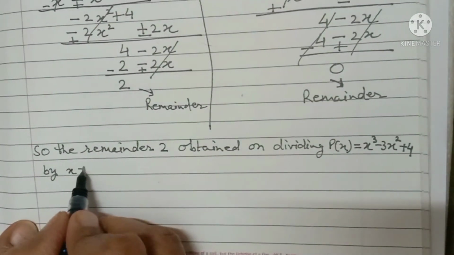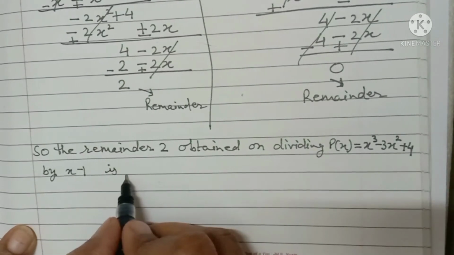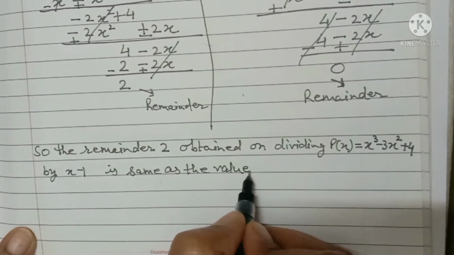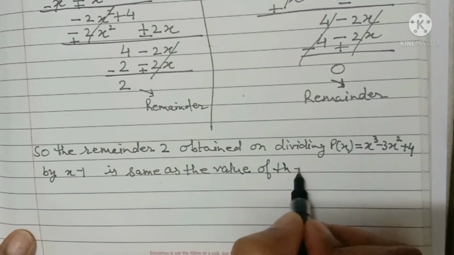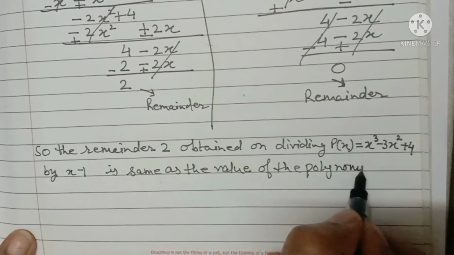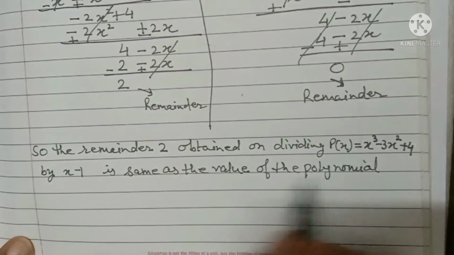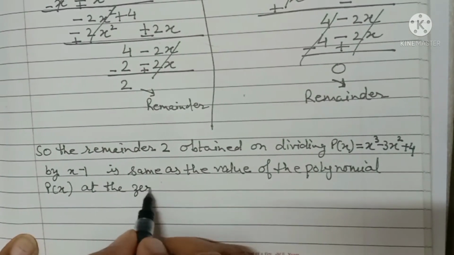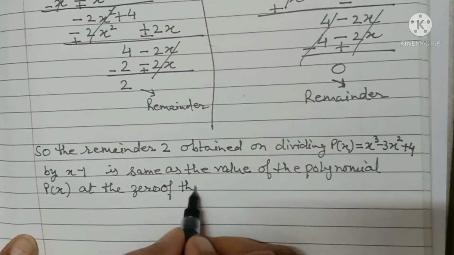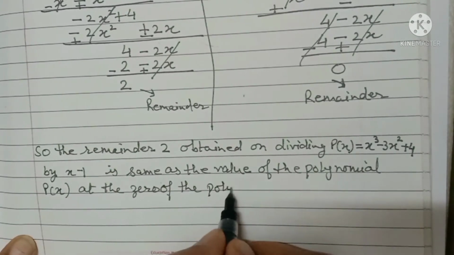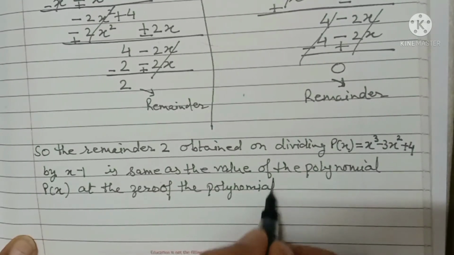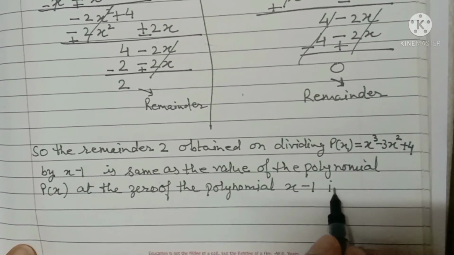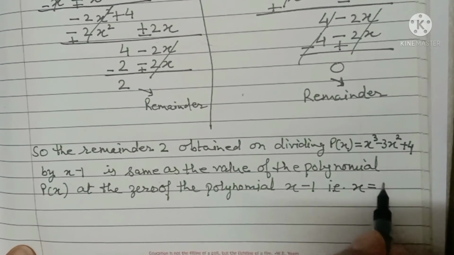So here x minus 1 is the same as the value of the polynomial p(x) at the zero of the polynomial x minus 1, that is x is equal to 1.